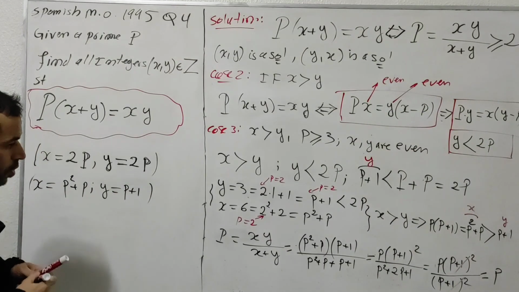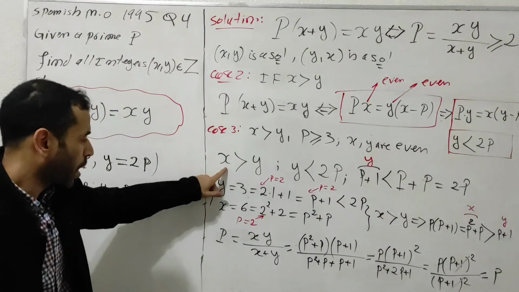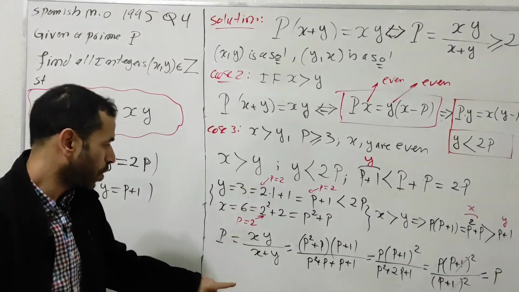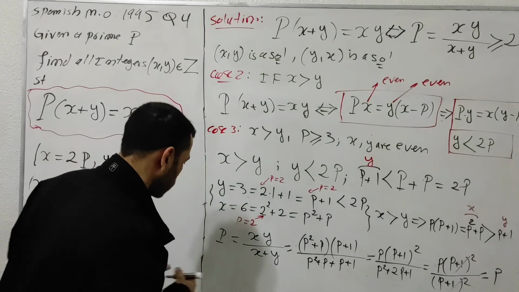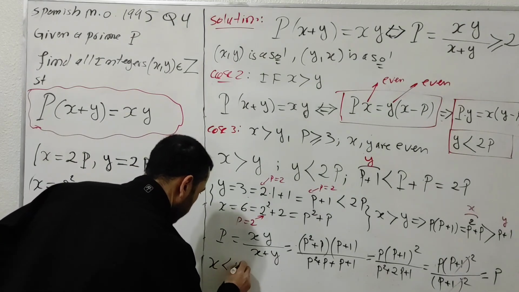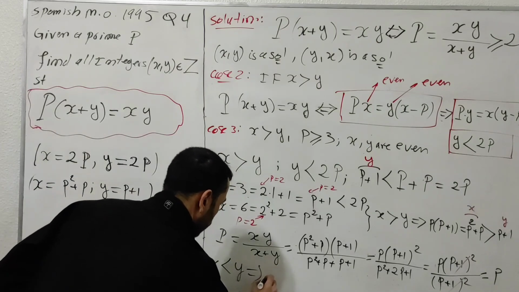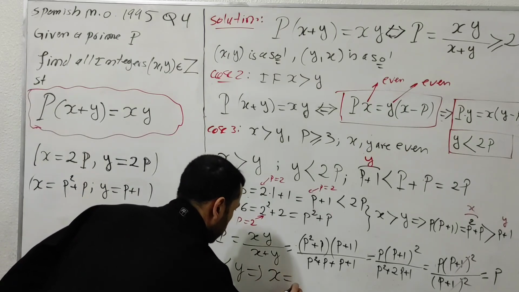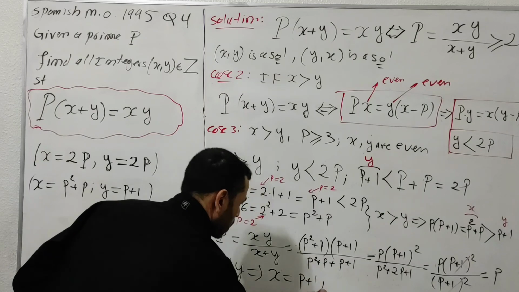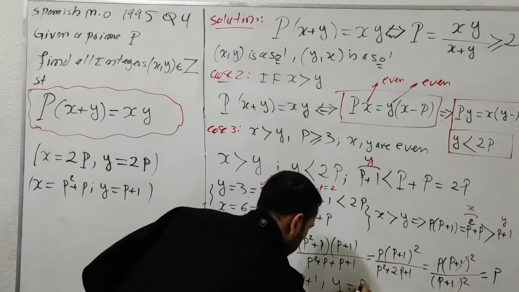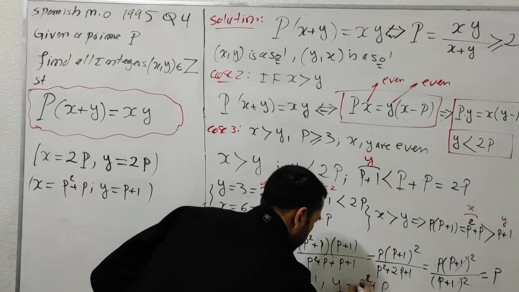But don't forget, by symmetry, when we have x strictly superior to y, we found these solutions, but when we have x strictly inferior to y, we will find another solution, which is x equal to p plus 1 and y equal to p squared plus p by symmetry.